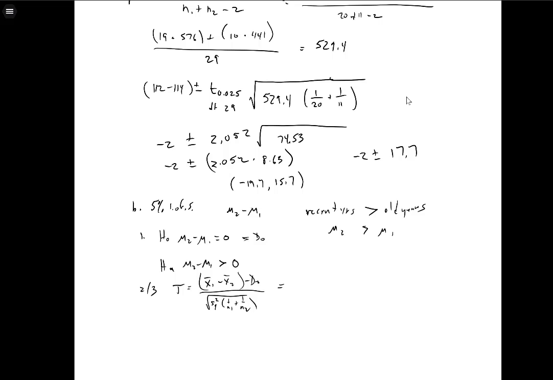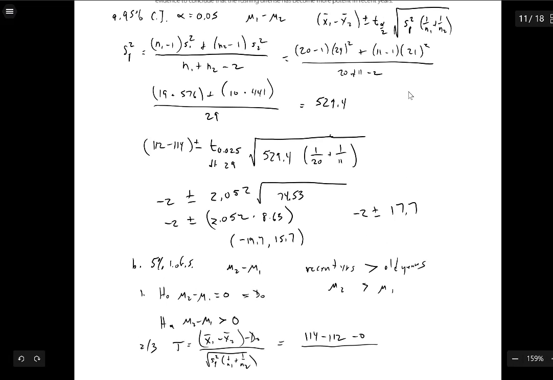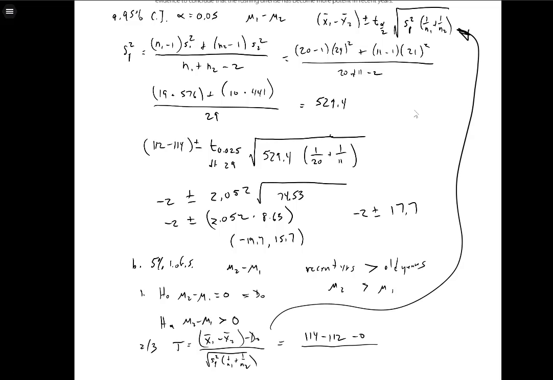So 114 minus 112 minus the 0, because that's the difference I'm looking for is the 0. And so I have that one there. And in the denominator, I'm looking for that same beast that we had up above. If I follow this back up here, I've got that beast right there, which we calculated, that was this whole square root thing, which wound up being this 8.63.